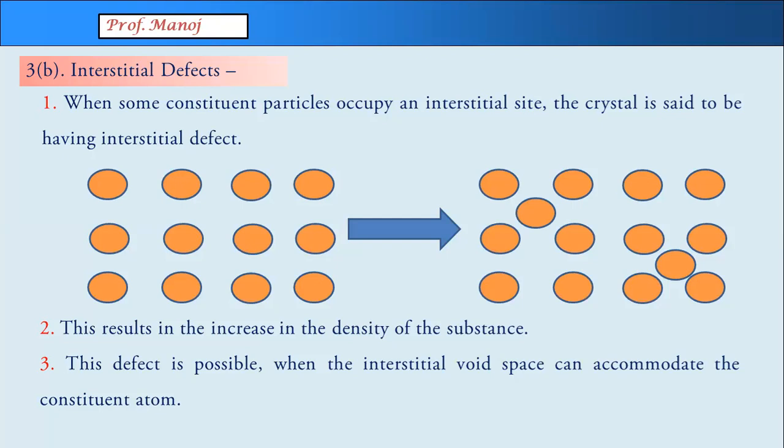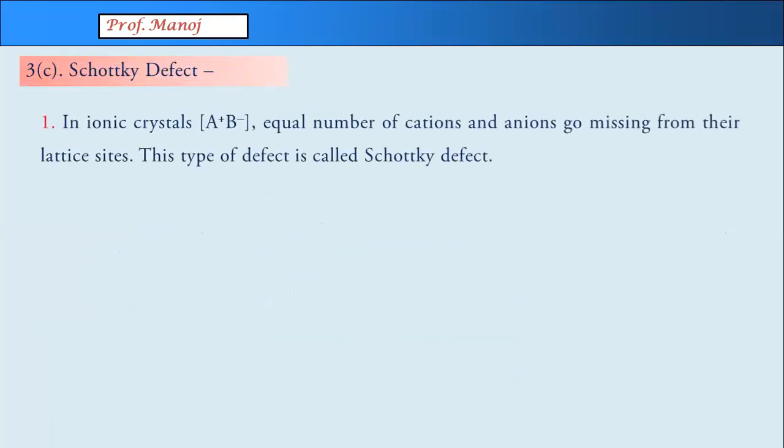Now remember these two defects very well. Vacancy defect, where you see the vacancies. Interstitial, where interstitial spaces, void spaces, are filled with atoms. Remember them. And now check the next one, Schottky defect, and you will see a tremendous similarity. Ionic crystal is imagined to be A plus and B minus, cation and anion.